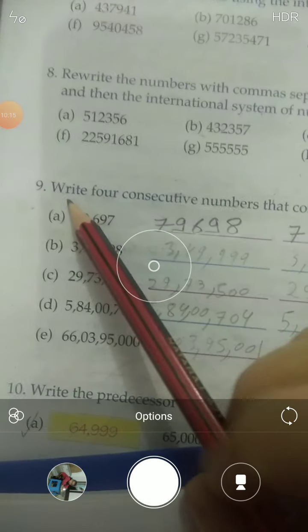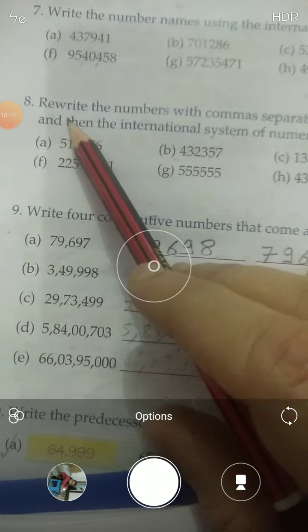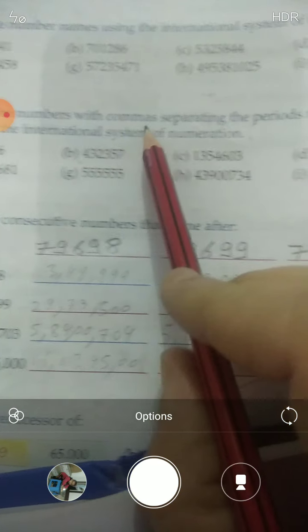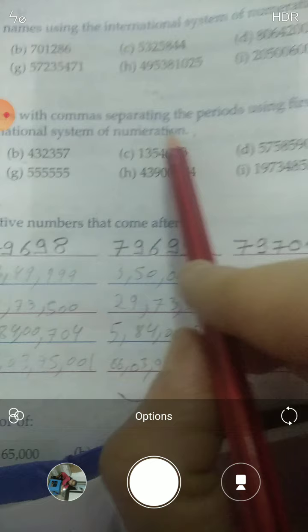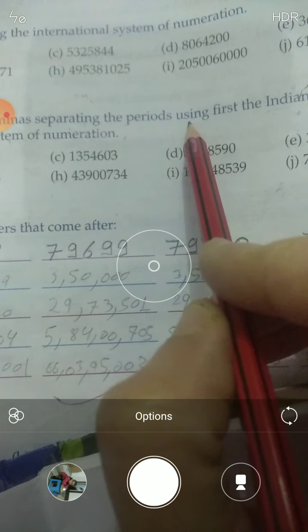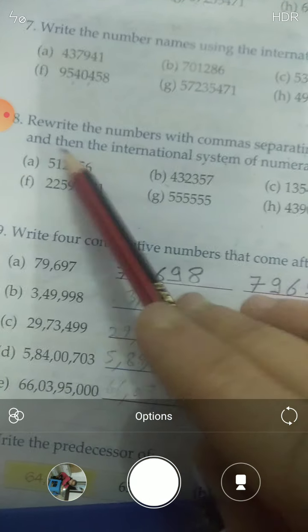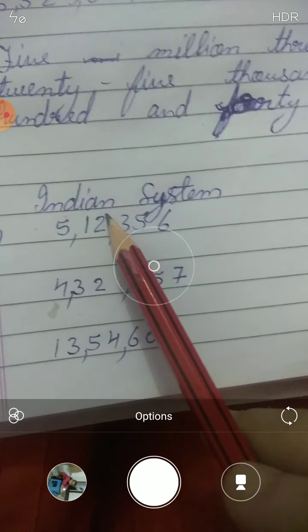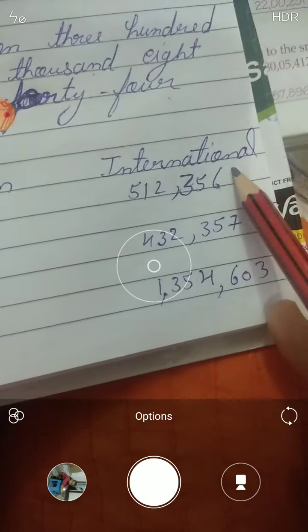What is there in question number 8? Rewrite the numbers with commas separating the periods using first the Indian system and then the international system of numeration. Students, we can make one column for the Indian system and a second for the international system.